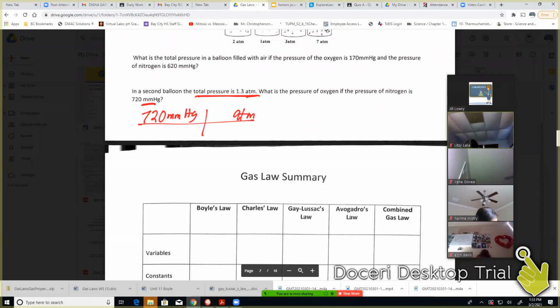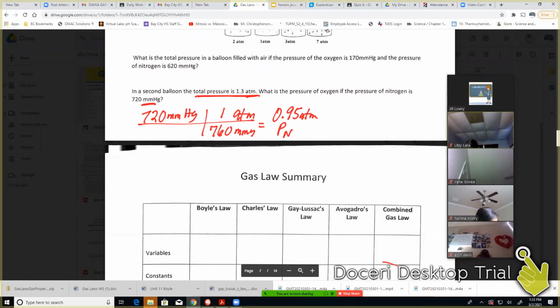You could have converted that 1.3 atmospheres to millimeters of mercury. So we've done this with our conversions. So 720 divided by 760 gives me 0.95 atm. And that is the pressure of my nitrogen.